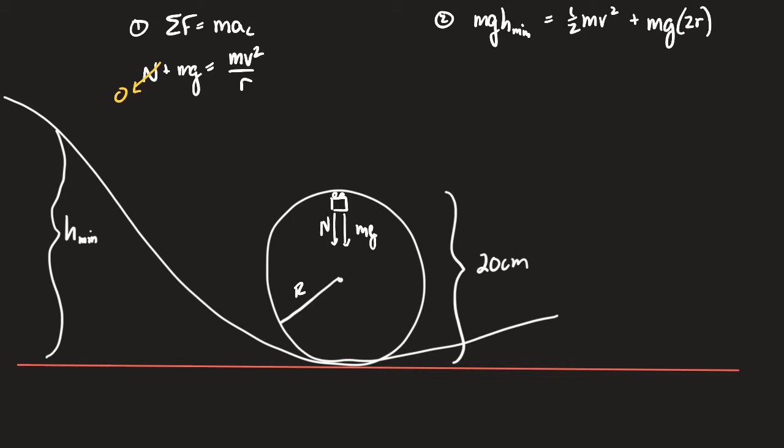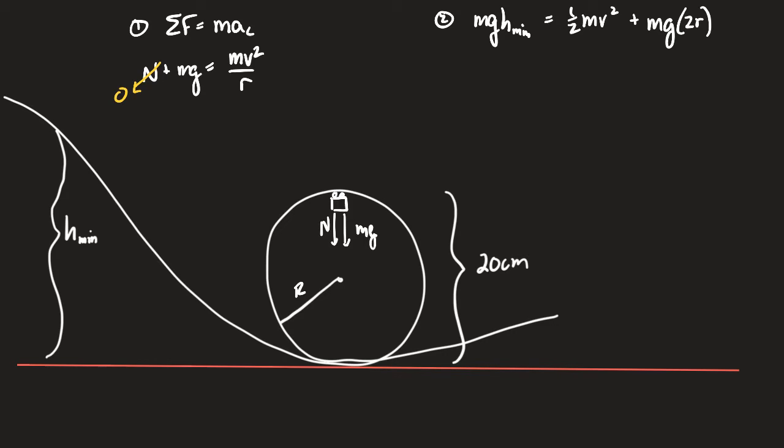But I would like you, again, to consider perhaps looking at the problem from a slightly different perspective. Look, I have a shared set of variables here, mv squared, mv squared. Let's use that to maybe make a broader prediction.